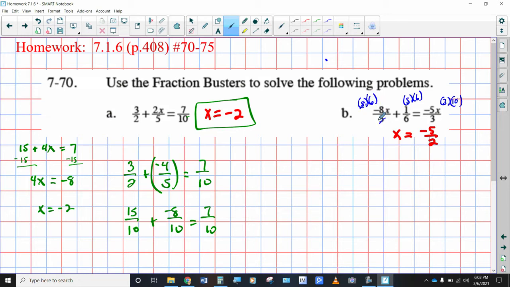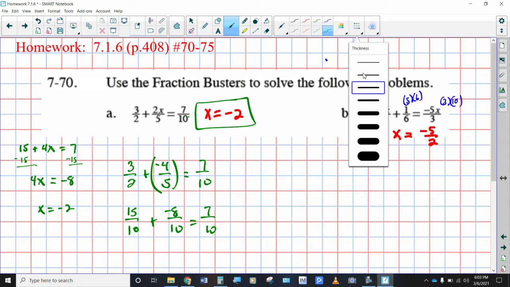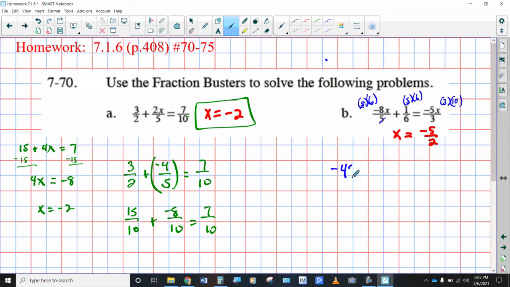So the 5s cancel out, leaving you with negative 48x. Here, the 6s cancel out, leaving you with 5 times 1. And here, the 3 cancels out, leaving you with negative 50 times x. I will choose to add 50 to each side so that everything cancels out here, and then I will take away 5 from each side.